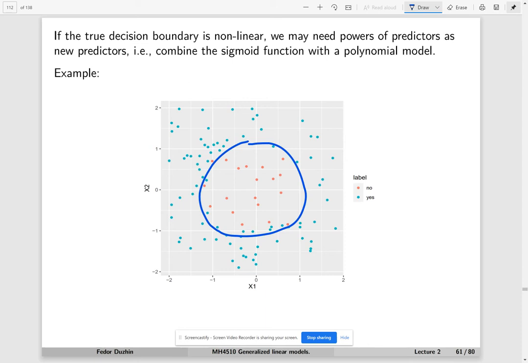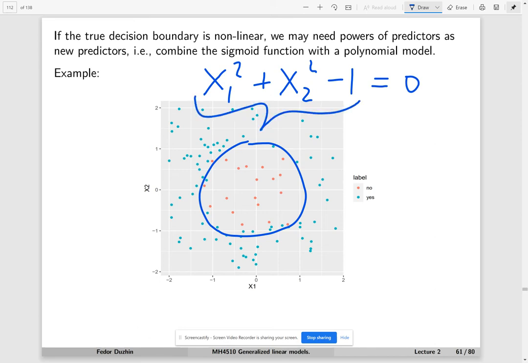It is in fact a circle, because I just designed this example, but it is kind of clear from here that it is something like a circle. So the decision boundary is really x1 squared plus x2 squared equals 1, so x1 squared plus x2 squared minus 1 is 0.